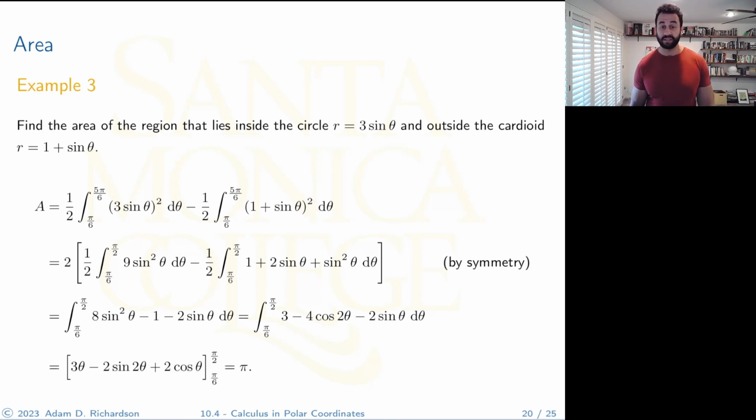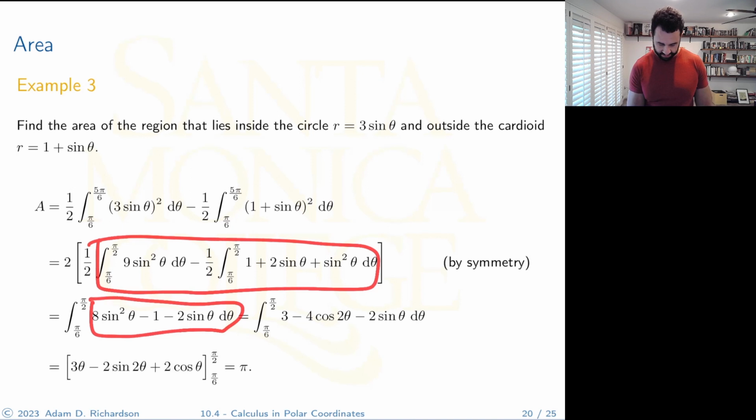Okay, now at this point, it's a lot of algebraic simplification. And I think, wait a second, I think I have a typo here. Wait, do I have a typo here? Oh, no, I see what I did. Here I actually combined these two integrals to get to this step.